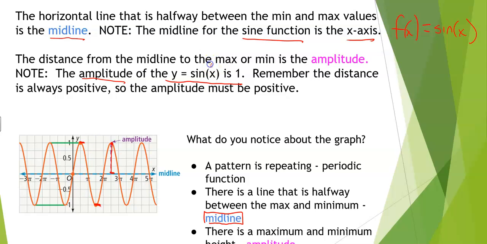So when x is pi over 2, the sine of pi over 2 is 1, so that's the maximum it can get. Now you could also do right here, 1.5 pi, or 3 pi over 2. That still would have an amplitude of 1, even though that value is -1. The amplitude is a distance, so it's always the absolute value of my y. So just remember that it must always be positive.